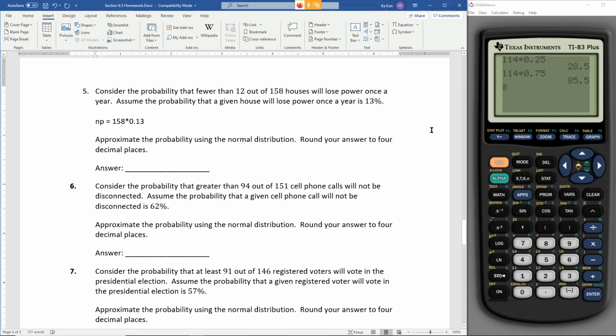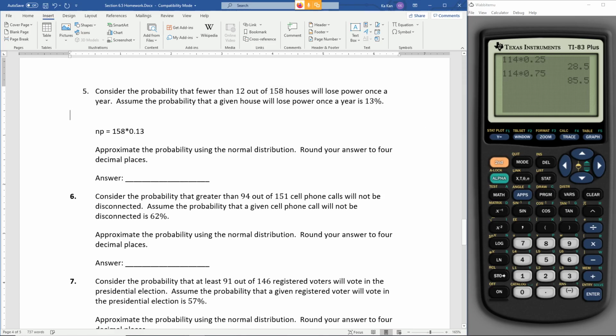Right, so because that's the n, right? Maybe I should type it up and not be lazy here. N equals 158, and the success rate is 0.13. There you go. So now let's say this, right?